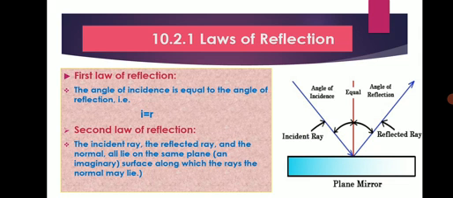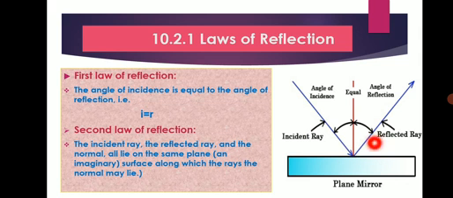Similarly, the second law of reflection states that the incident ray, here is our incident ray, then the reflected ray and the normal, they all lie on the same plane. As I have already told you, this is an imaginary line. We have drawn an imaginary line on the plane mirror surface, where the rays will meet. They all will lie on the same plane.